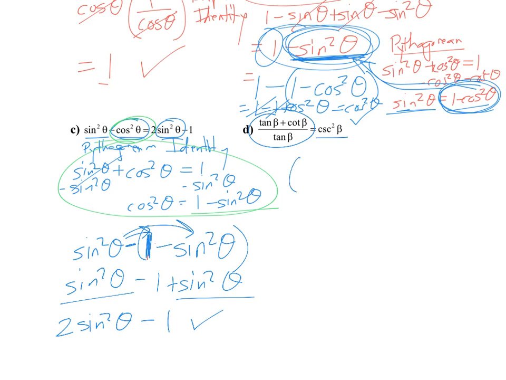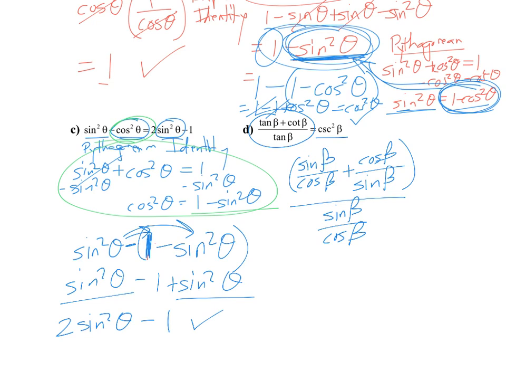I have the quotient identities I could use. I could replace tangent beta with sine beta over cosine beta, and the cotangent with cosine beta over sine beta, and that's all over sine beta over cosine beta.